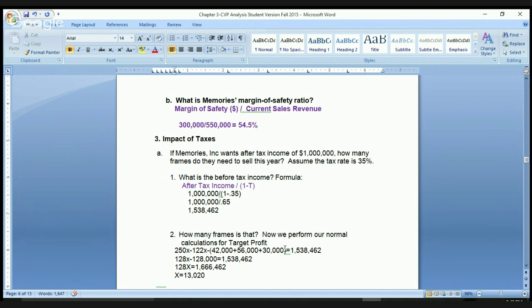I add all the fixed costs, which is 128,000, set it equal to 1,538,462. I add 128,000 to both sides, so I get 128x equals 1,666,462. Divide by 128, and so the number of frames that I have to sell is 13,020.